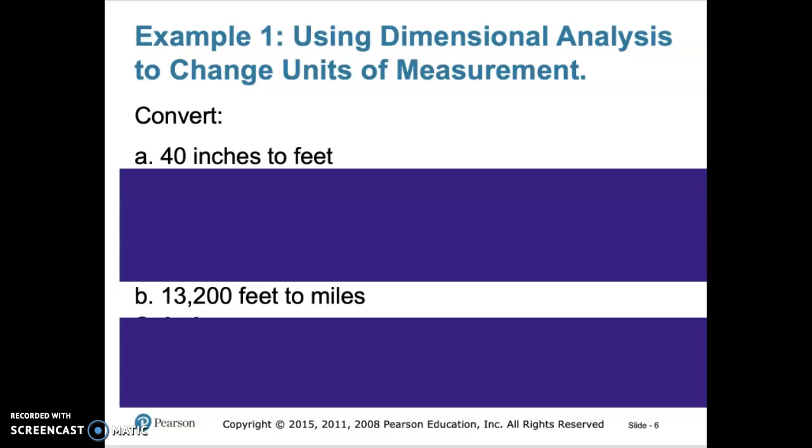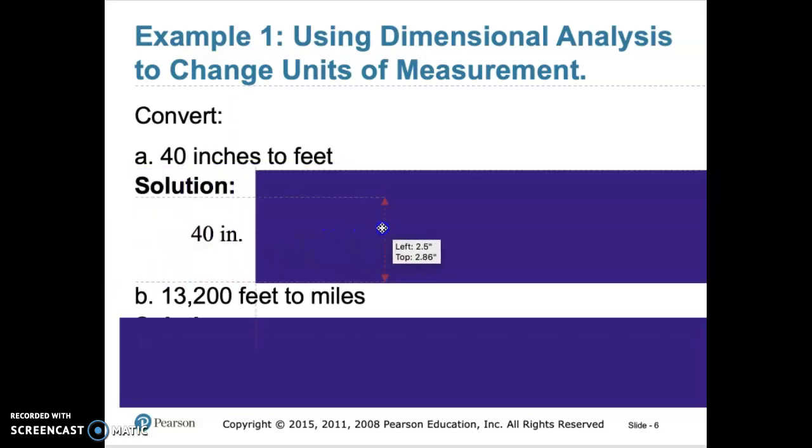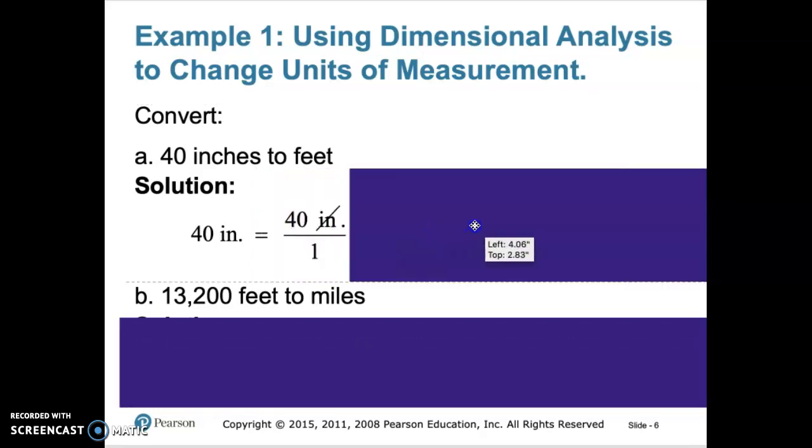If I'm going to convert here from 40 inches into how many feet? Well, what that was saying on that dimensional analysis is I'm just going to start with 40 inches. That's going to be my number. I'm going to put this on top, and I'm going to put 1 in the bottom just to retain my place. So we have 40 inches over 1.